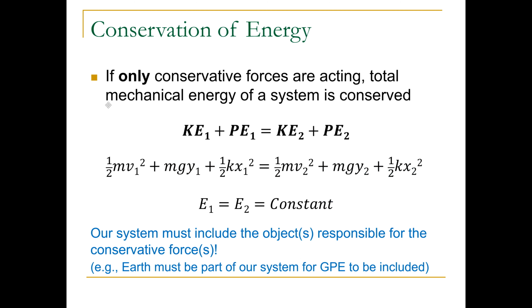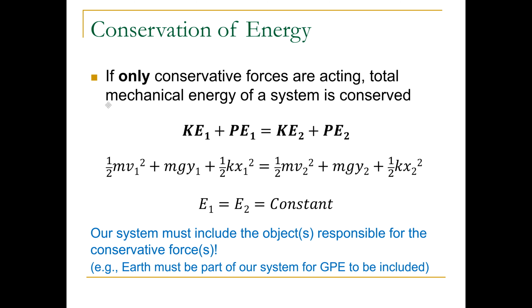So if we only have conservative forces, then the total mechanical energy of a system is conserved. Mechanical energy includes any kinetic energy as well as any potential energies of our system. Again, keep in mind we have to be looking at the system containing all of the objects involved with our potential energies in order for there to be that potential energy.